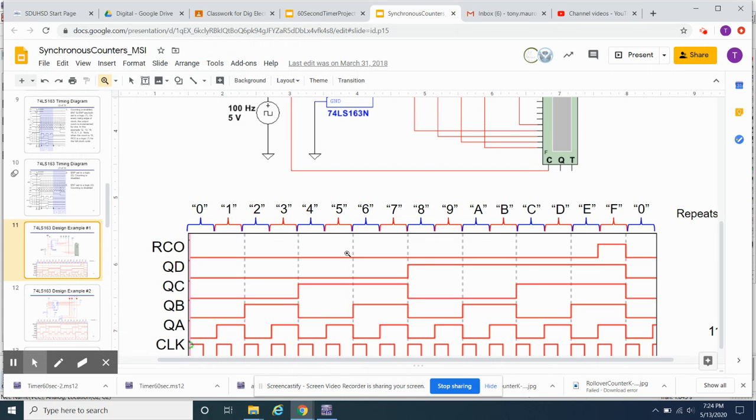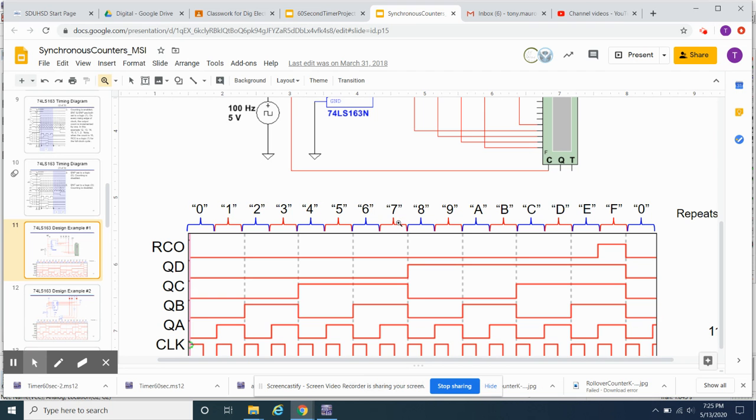So if I wanted a divide by 9 instead of 10, what do I need to load this thing at such that I get a duty cycle on this RCO of 9 instead of 10? Well, if I take this 7, I go 1, 2, 3, 4, 5, 6, 7, 8, 9, that will generate that RCO every 9 if I load in a 7 every time.